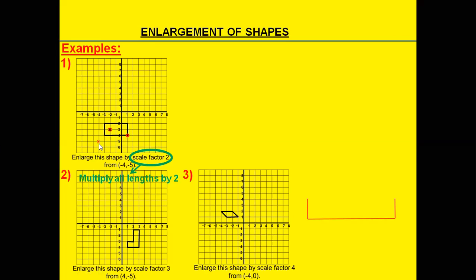Look, we walk 5 units to the right and 1 up. The scale factor is 2, so how much will the 5 become? 5 times 2, 10. So you're going to walk 10 and the 1 times 2 becomes 2. So this is the new point, and you can do the same for all the other points.